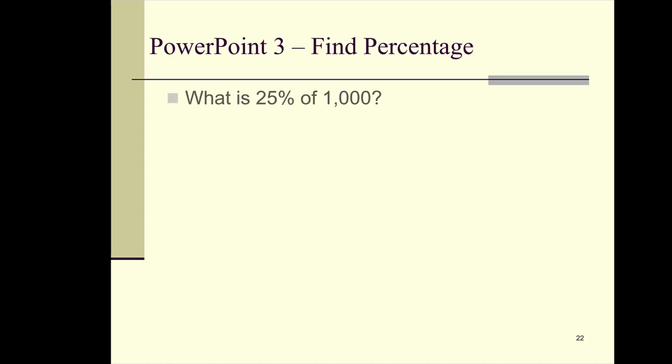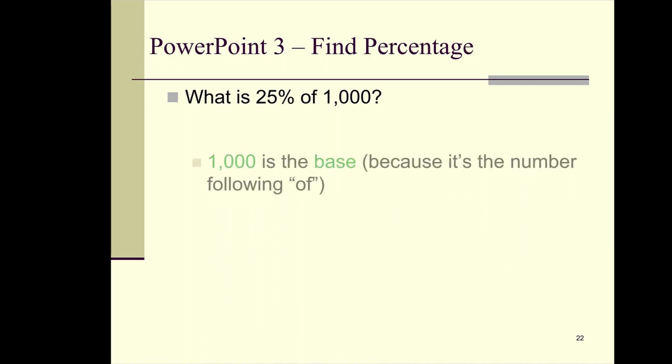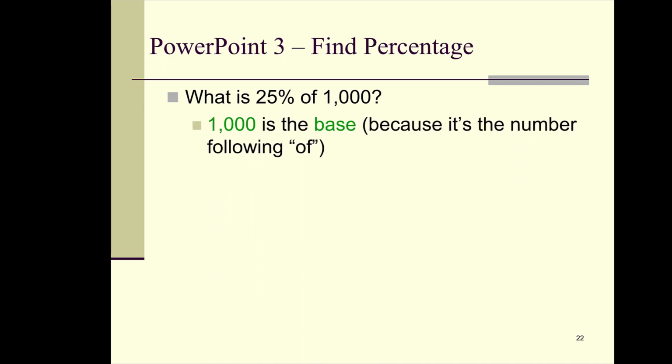So we're going to do a lot of these examples here. And they graduate from really easy, you can do them in your head, to more difficult. So this one's easy too. What is 25% of 1,000? Now remember, the number that follows the word of is the base. So 1,000 is the base.